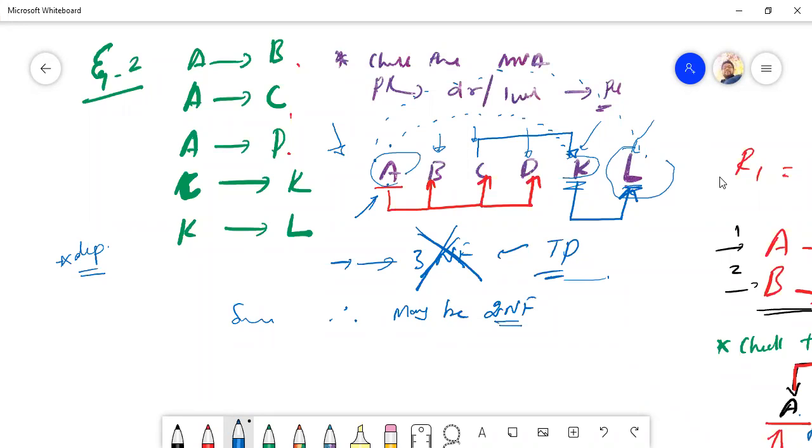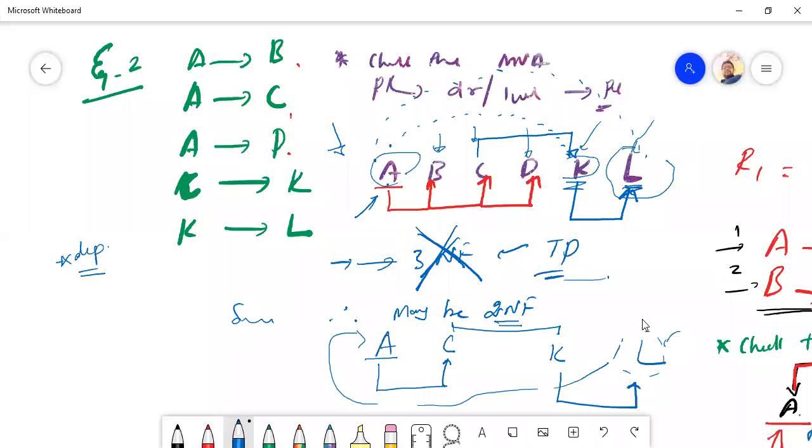K is depending on C, and C is depending on A. It looks like this: A, C, K, L. Now you can see the chain is proper, not broken: A, C, K, L. So L somehow depends on A. That is why we can say all these attributes are depending on A. A is a primary key.